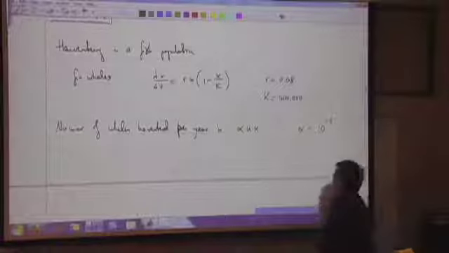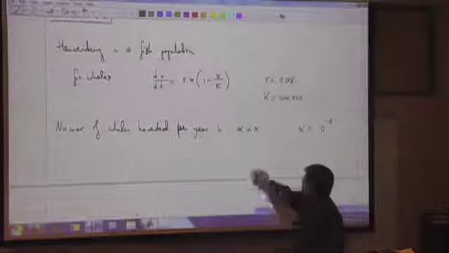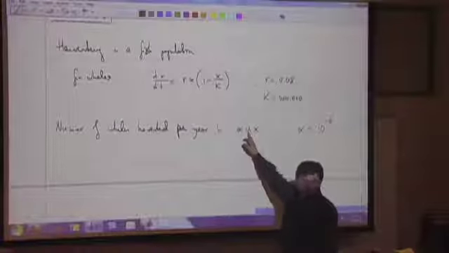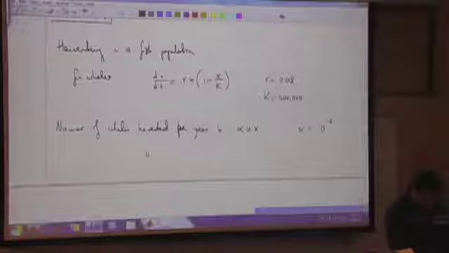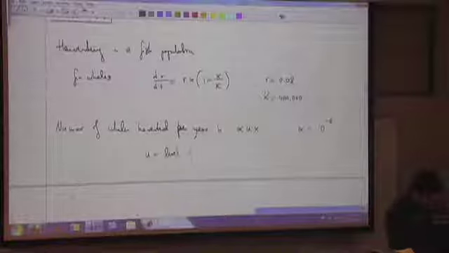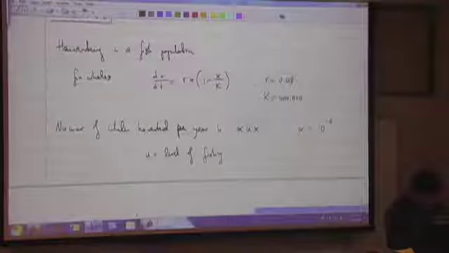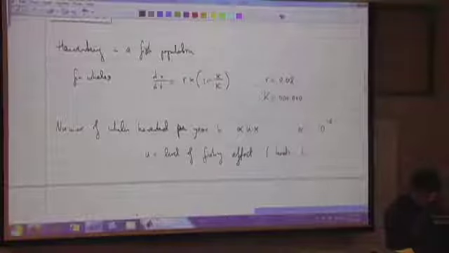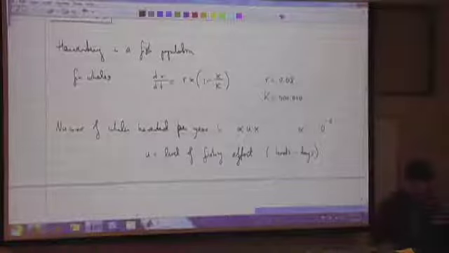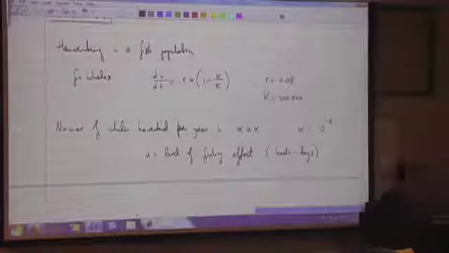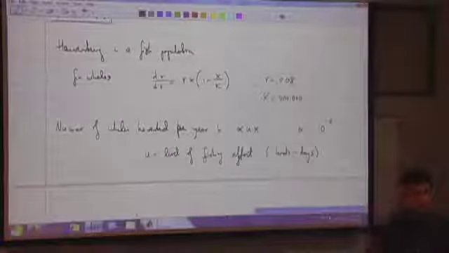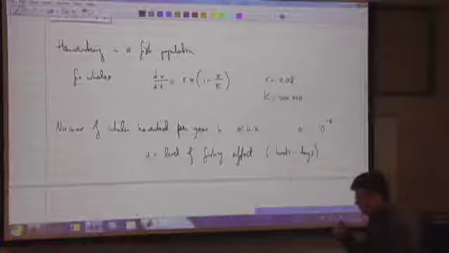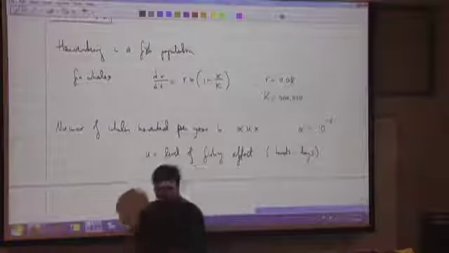Okay, so it doesn't quite matter. And then I have some parameter here, u, which stands for level of fishing effort in boat days. So basically what this is saying is that before you start your season, you decide, I'm going to put so much effort.